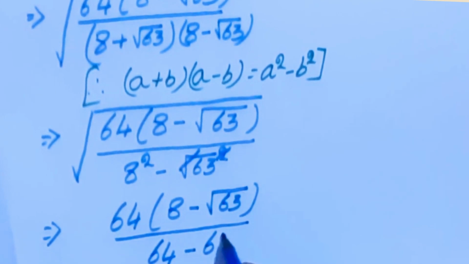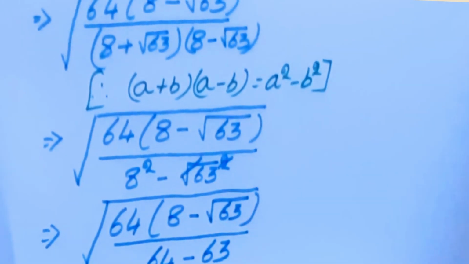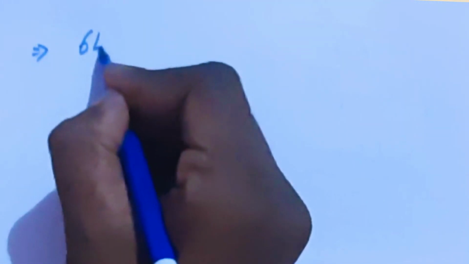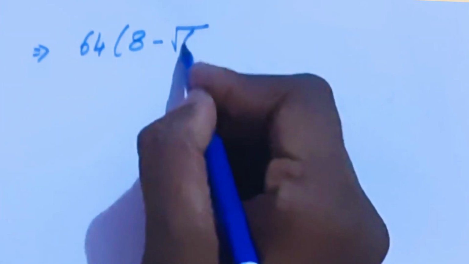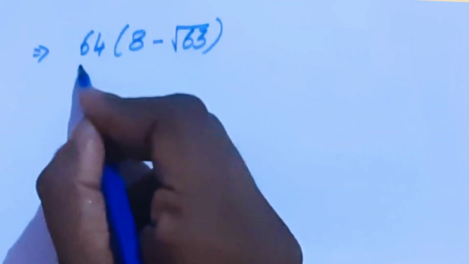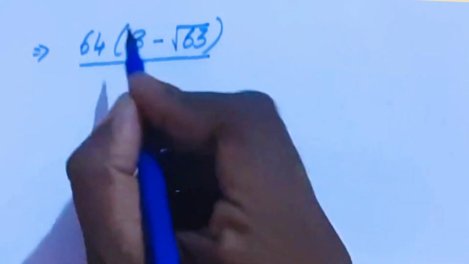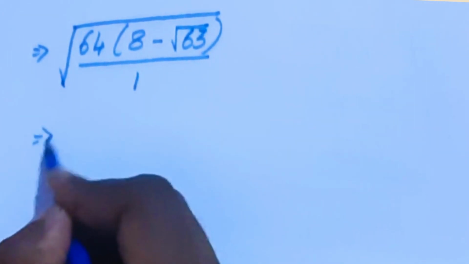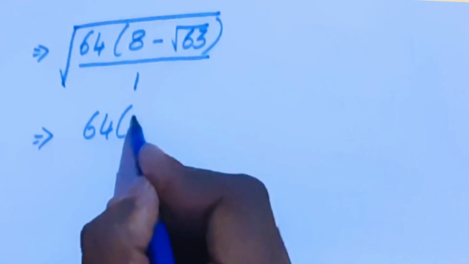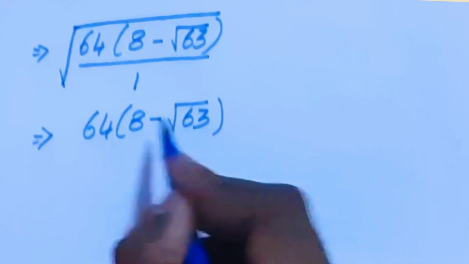Now we have 63 in whole square root. 64 minus 63 is 1 in the denominator in whole square root. Now 64 times 8 minus square root of 63 in the numerator.